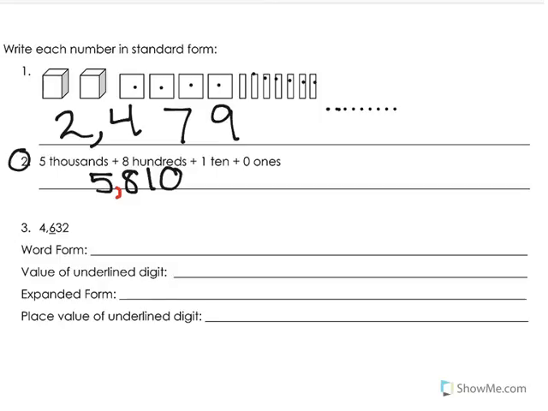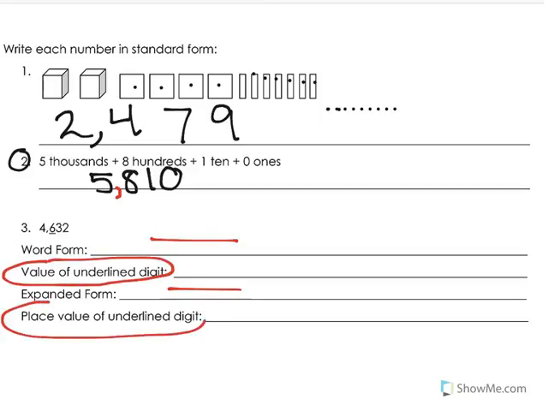So we've already gone over word form as well as expanded form, but I want to talk right now about the value of the underlined digit versus the place value of the underlined digit. In this problem, the digit is a 6, and the value of the underlined digit is talking about what the number is.